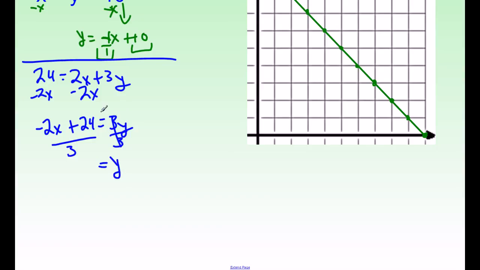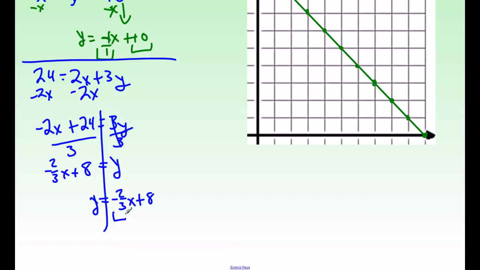Y equals, this division is 8. This does not divide, so I'm going to leave this as a fraction, negative 2/3 x. And if it bugs you having the y on the right-hand side, we could flip the whole equation, just so it looks more like we're used to seeing. So y equals negative 2/3 x plus 8.